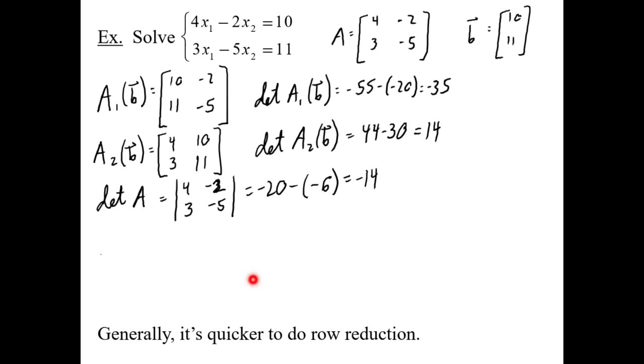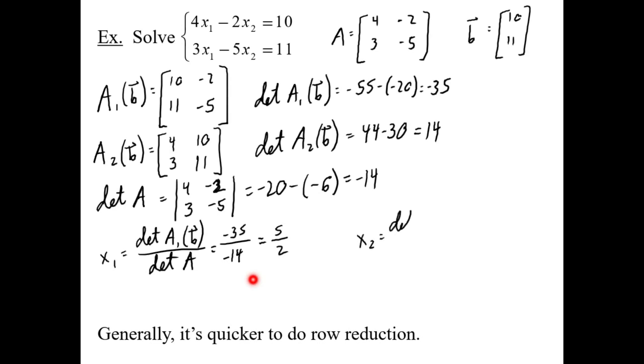Okay. So it turns out that x1 is going to be the determinant of A sub 1 of b divided by the determinant of A. So that would be -35 over -14, which reduces to 5/2. And then x2 is equal to the determinant of A sub 2 of b divided by the determinant of A, which would be 14 over -14, which is -1.